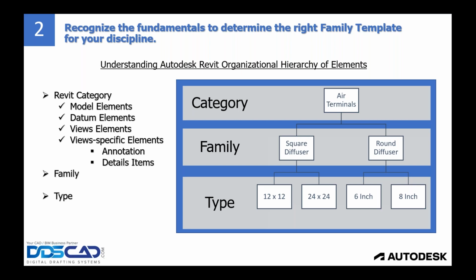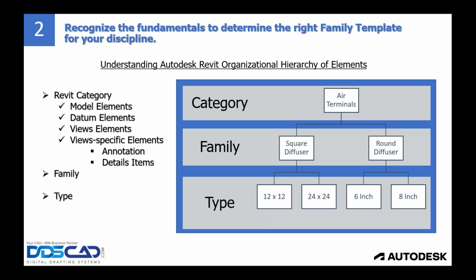However, understanding this, as you see here on the left, you're going to understand that the categories of the elements of families are organized in model categories, datum categories, view elements categories, and view specific categories. What do we mean by that? Model categories is everything that can be purchased or created.